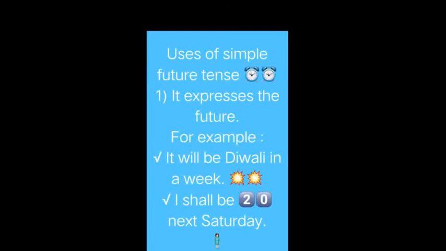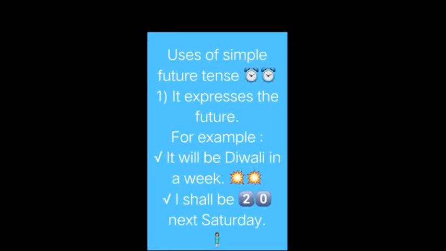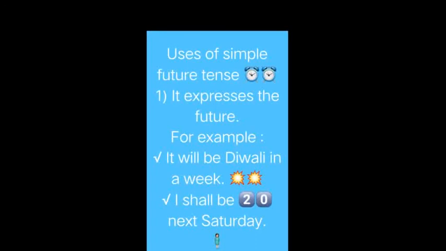I shall water the plants. So the verb water is in its simple form. So remember, in future tense, will or shall are used before the verb, and the verb has to be in its simple form.